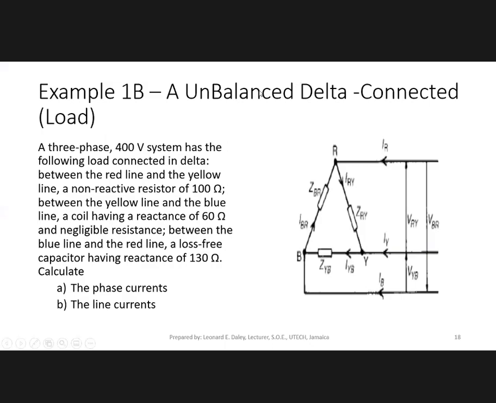Now between the yellow line and the blue line, a coil having a reactance of 60 ohm and negligible resistance. And between the blue line and the red line, a loss-free capacitor having reactance of 130 ohm. And we are to calculate the phase currents and the line currents.